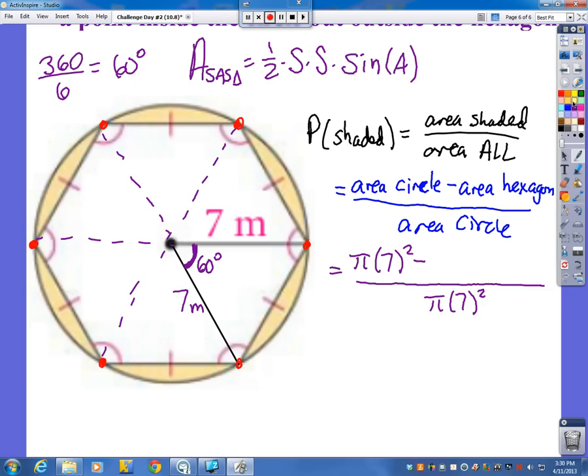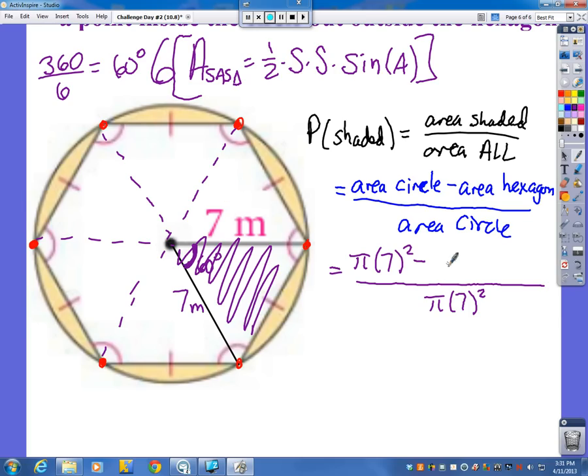So now applying that to our picture here, the area of the hexagon would be 6 of these, because when we find the area of 1, we need to multiply it by 6. So I'll put the 6 here, because we have 6 triangles to make up that full hexagon. And then 1/2 times 7 times 7 times sine of our 60-degree angle. So yes, the 6 and the 1/2 will make 3, which is fine.